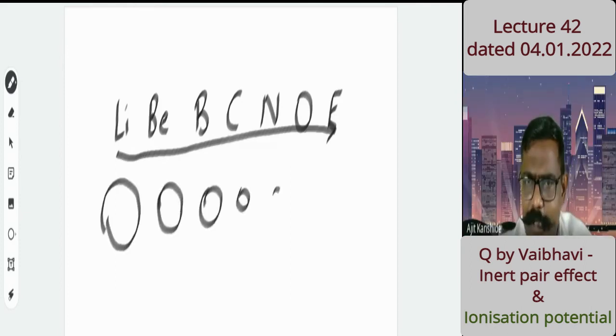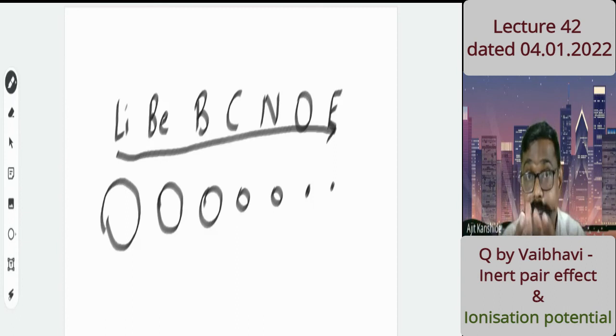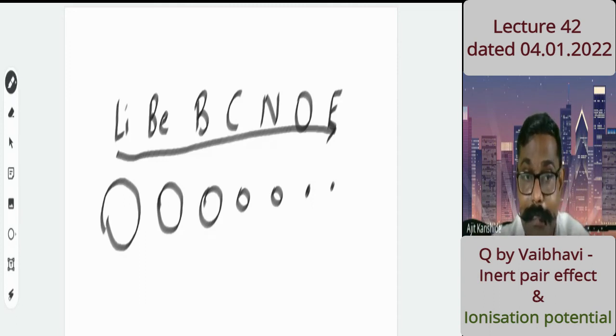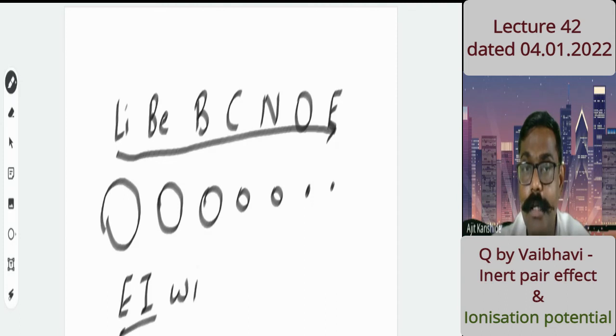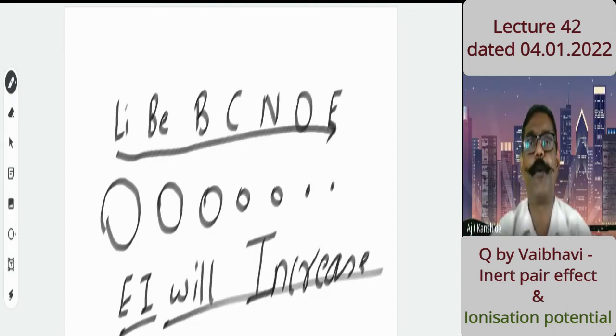Atomic size goes on decreasing. As size decreases, the attraction from the nucleus will be strong. So enthalpy change for ionization will increase or decrease? Increase. Right. So that is my second point of discussion.